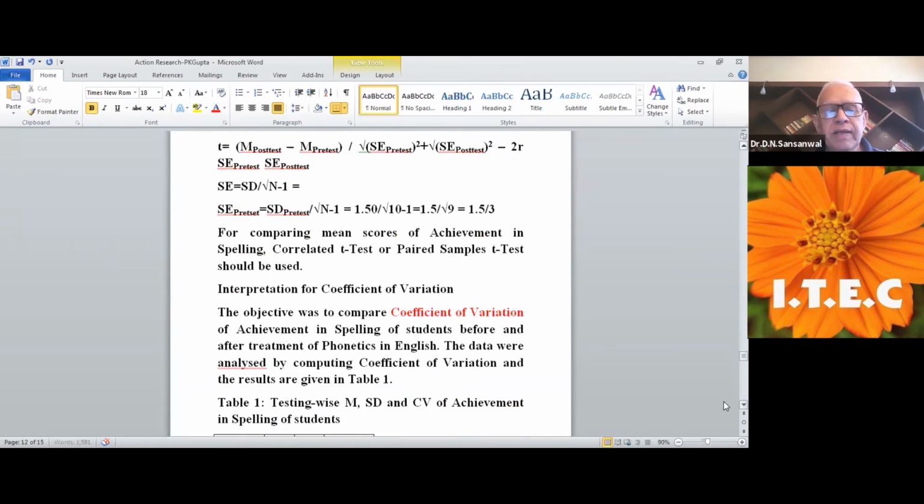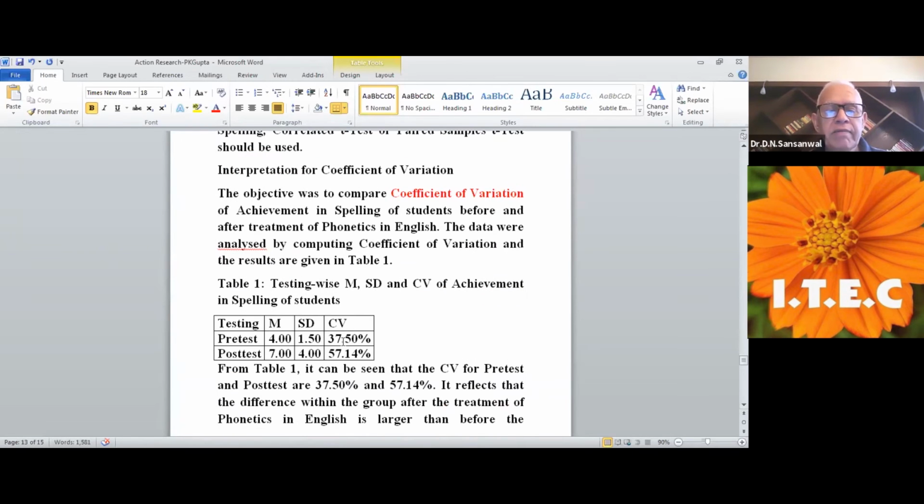So let me write: this was 1.5, and this is 1.51. Or you can say 1.5, let it be 100, no problem.